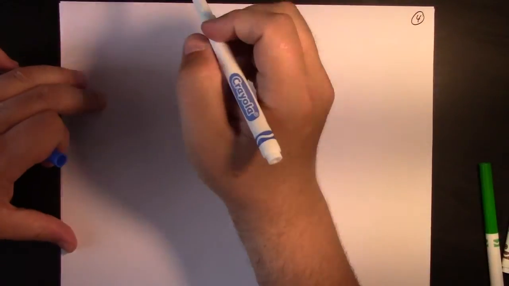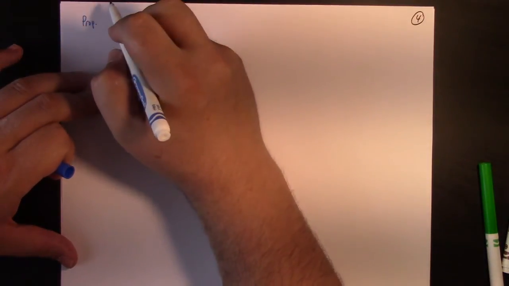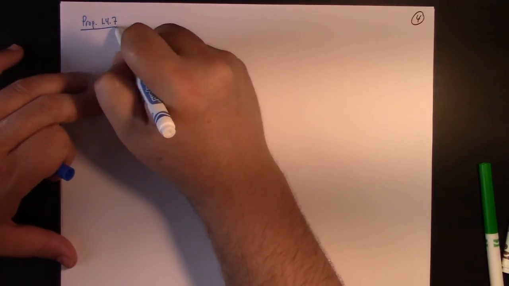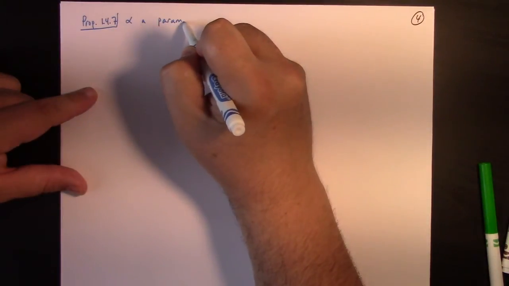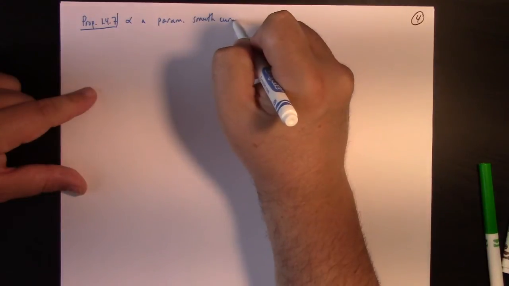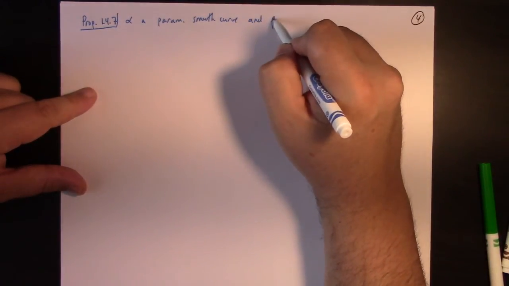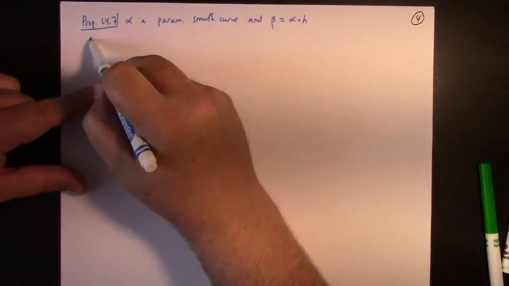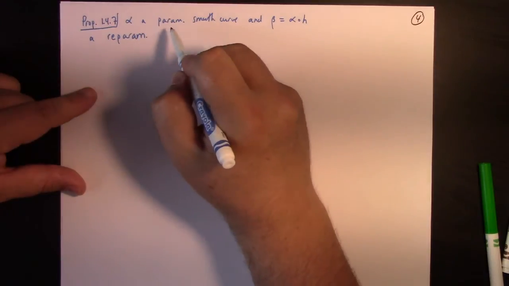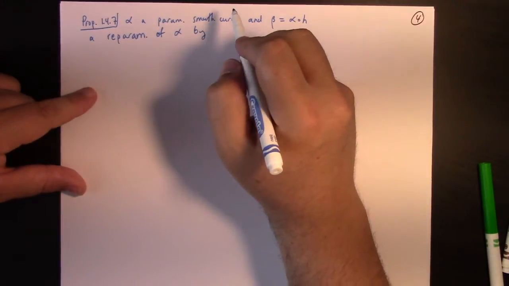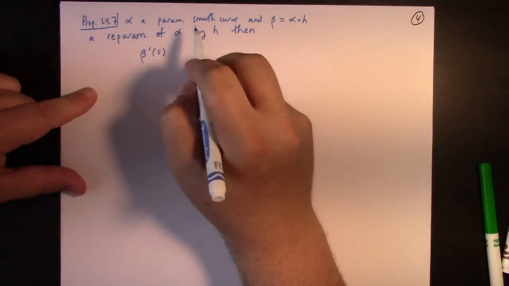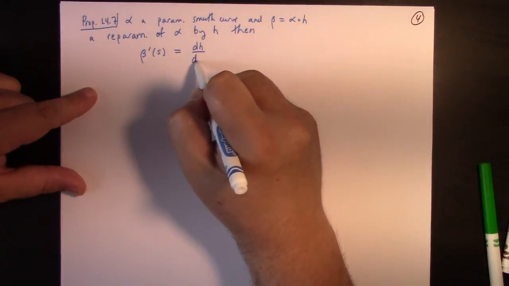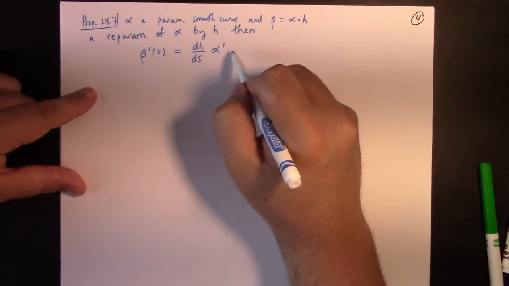We have an important rule of calculus here, which is proposition 1.4.7 in my notes, and it says that if you have alpha, a parameterized smooth curve, and beta equals alpha composed with h, a reparametrization of alpha by h, then beta prime of s is equal to dh ds times alpha prime of h of s.